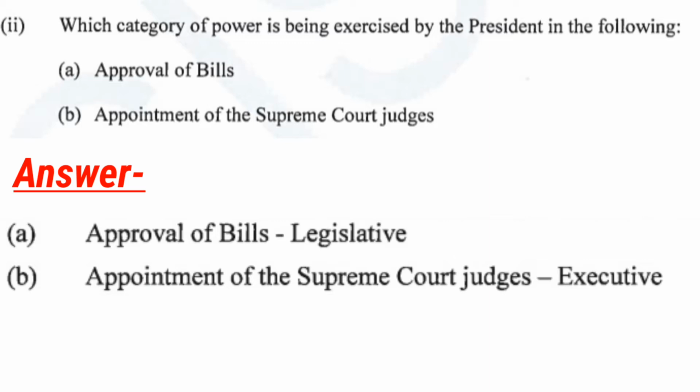Next, question number 2. Which category of power is being exercised by the President in the following? A. Approval of bills, that is legislative. And second, appointment of the Supreme Court judges, that is executive.